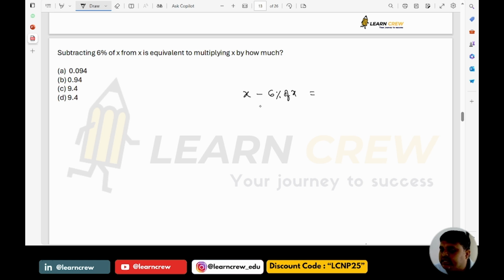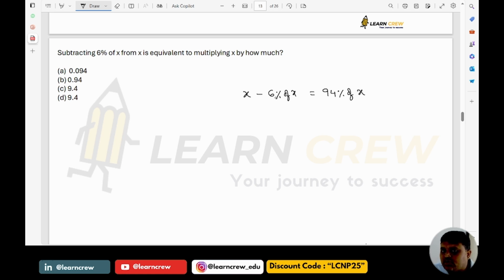It is nothing but x means what? Full value of x. X means full value of x, which means 100% of x. 100% of x minus 6% of x means it is 94% of x.